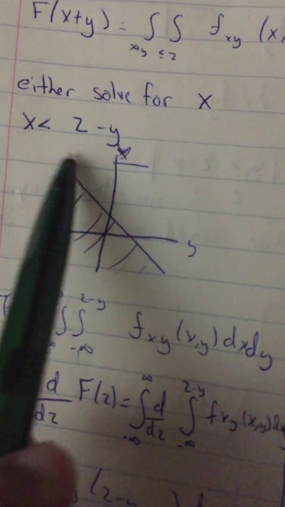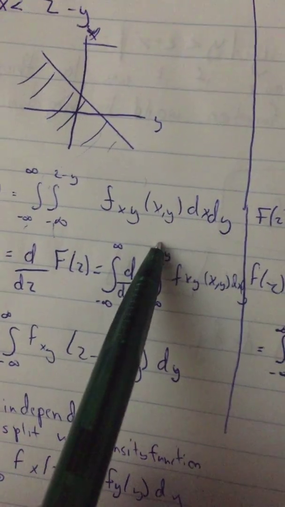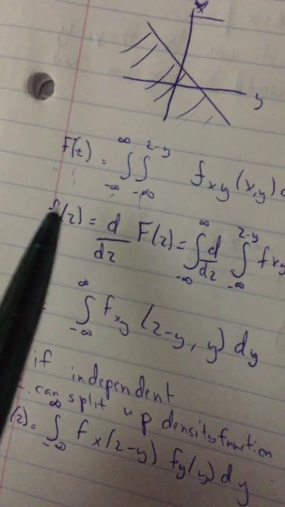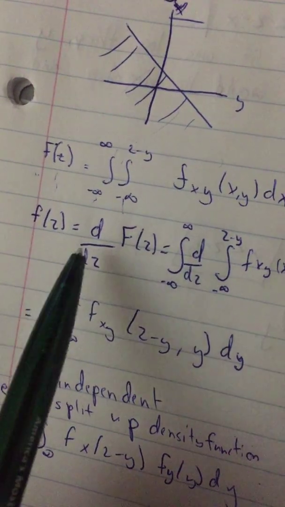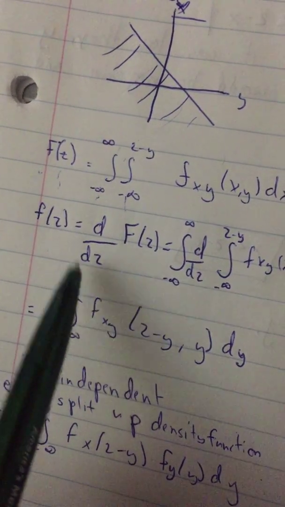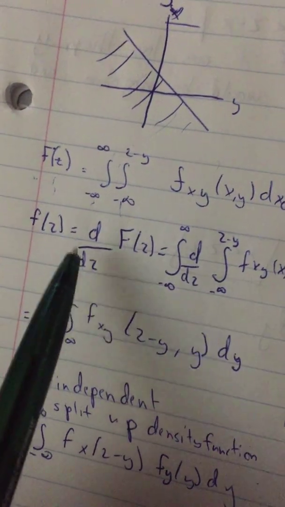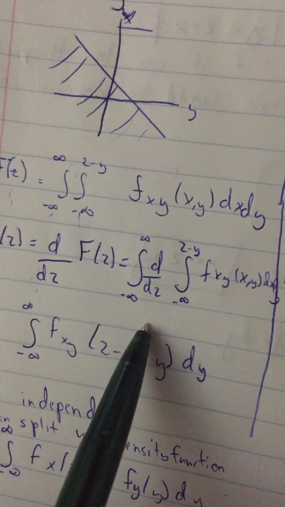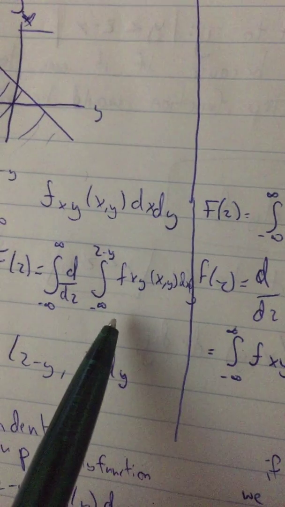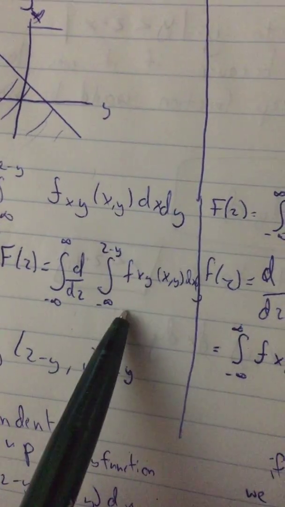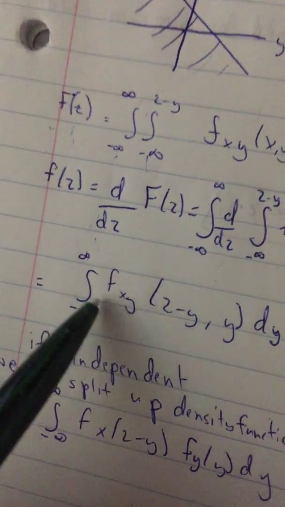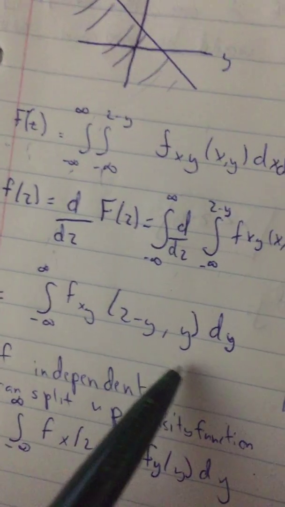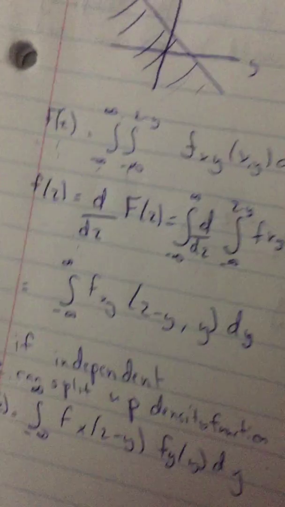We're getting that from this limit, f of xy dx dy. Solving it a little bit further using partial differentiation, we can use d/dz of F of z equals negative infinity to infinity d/dz of negative infinity to z minus y of f of xy dx dy, and that equals the integral from negative infinity to infinity of f of xy (z minus y, y) dy.